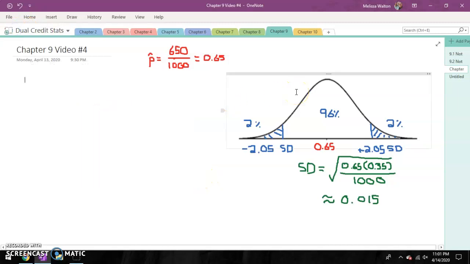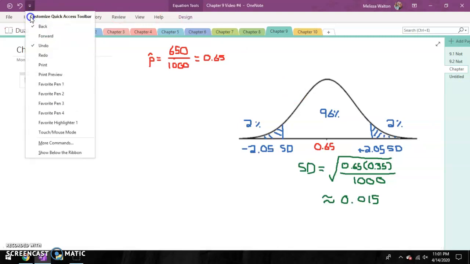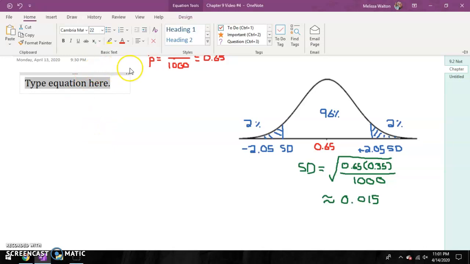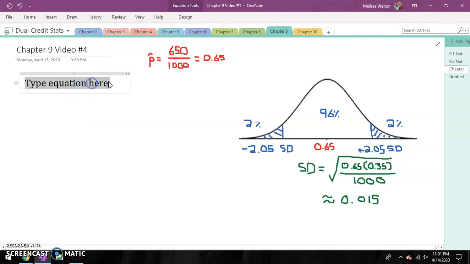Now we're ready to make our confidence interval. Oh, you're not going to be able to see that. Let me go with a larger font size. Our original guess was 65%. I need to subtract away 2.05 standard deviations, and a standard deviation is only about 1.5%, so 0.015. For our upper bound, it's the exact same thing, simply adding instead.